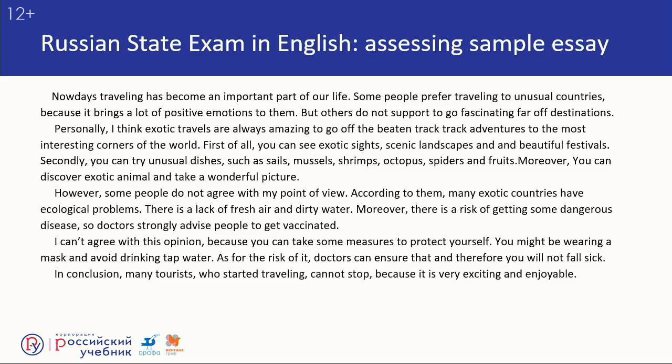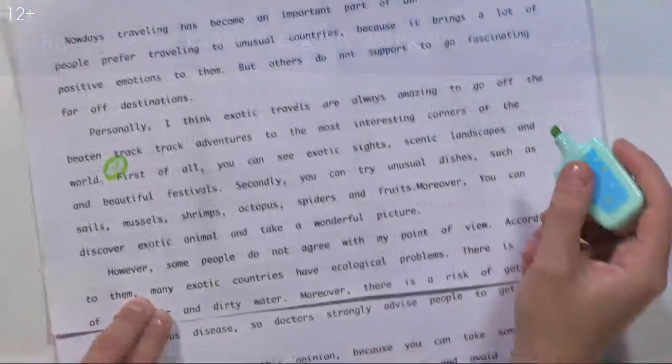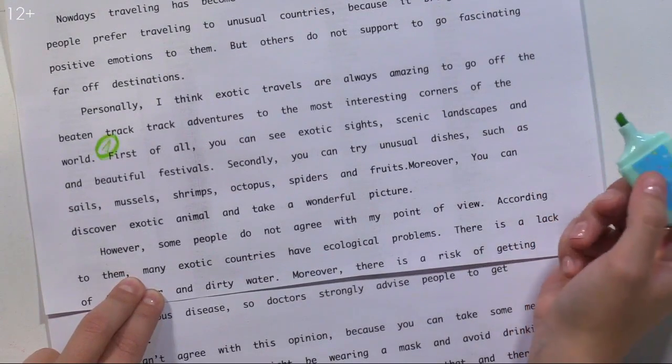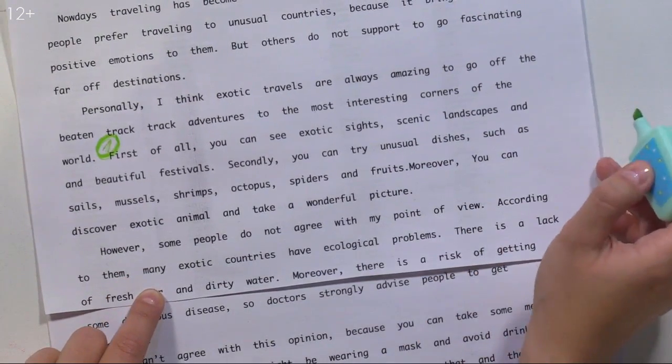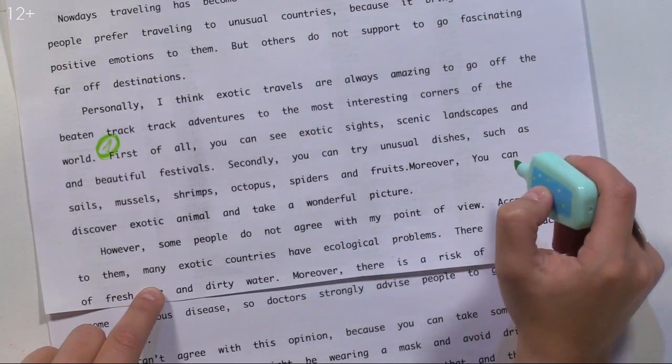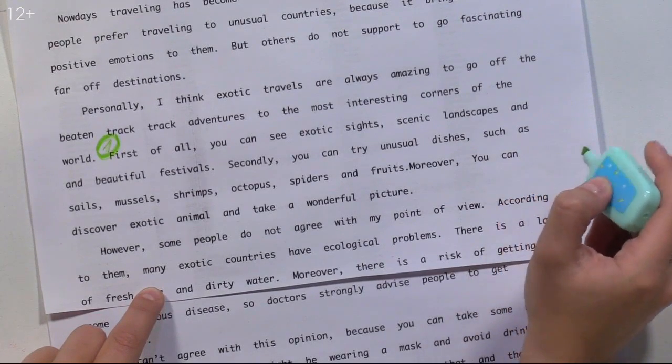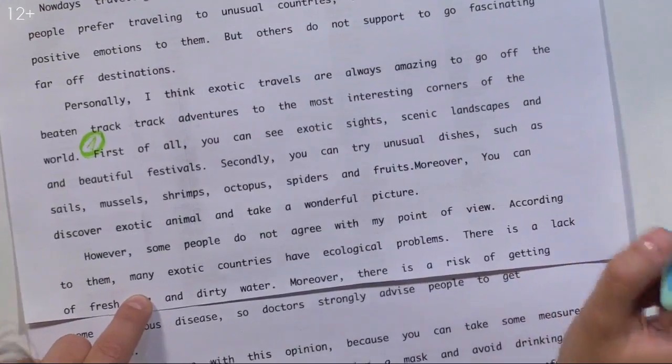Now let's see how many ideas, how many arguments are given over here. We can see the first one, right, where our learner states that we can go to far-off destinations just because we can admire exotic sights, right?